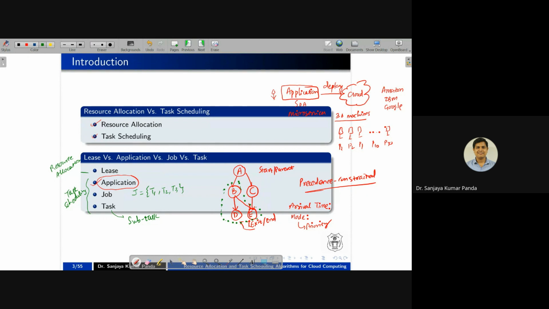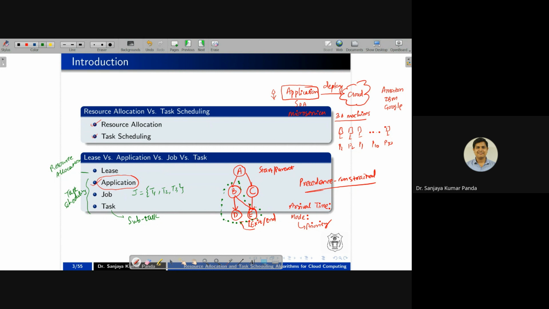In that case, we have a formal agreement. Every lease has a formal agreement: at what time you are going to start, at what time you have to stop, what resources you are going to use. All these terms are mentioned in the lease.